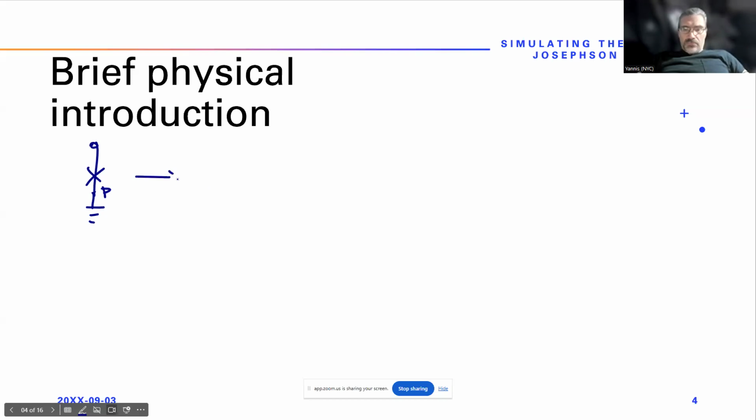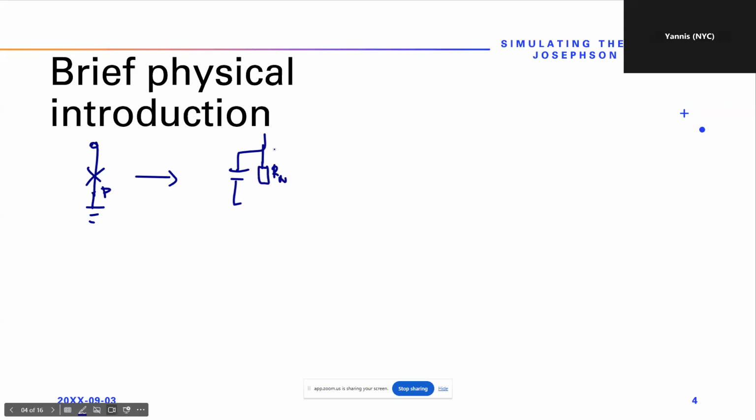But in a real Josephson junction, we of course have capacitance and resistance. Let's call it Rn, like normal resistance, and also a perfect Josephson junction. So this is a model of a real Josephson junction. This can be drawn simply like this.